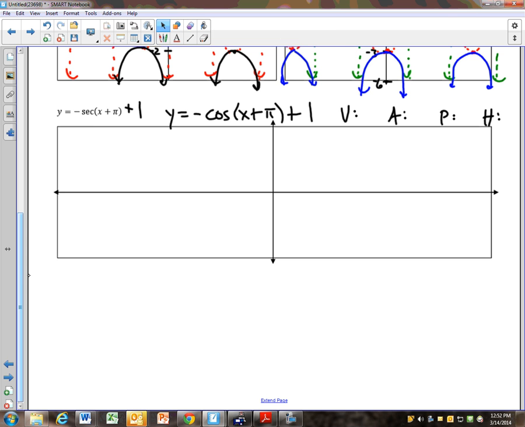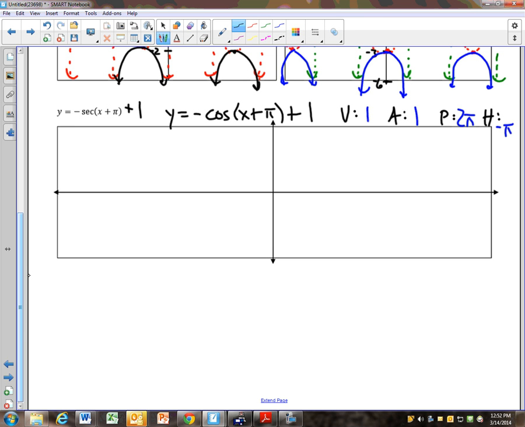All right, so is there a vertical shift of 1? What's the amplitude? 1. What's the period? Pi, and the horizontal shift? Negative pi.